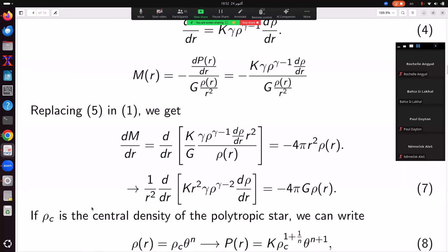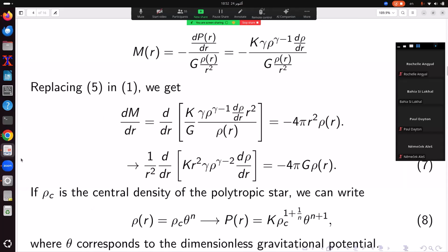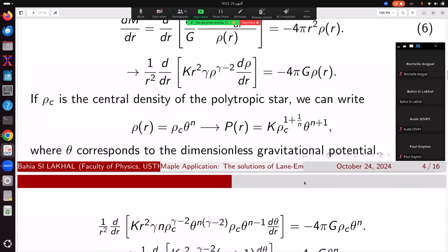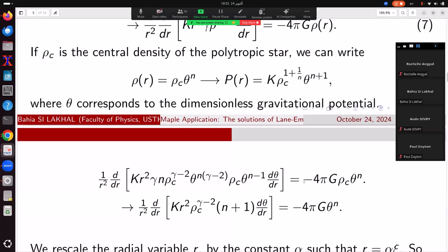So if rho c is the central density of the polytropic star, we can write the density as a function of theta. Theta is a dimensionless function. The pressure also is written with respect to theta. We get this equation.